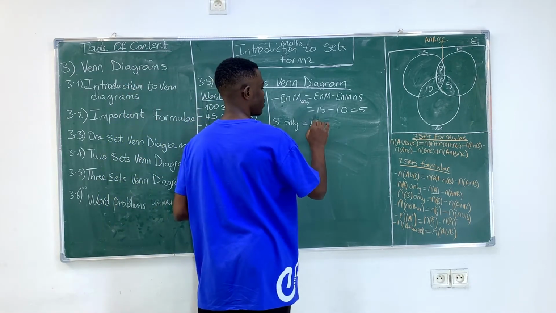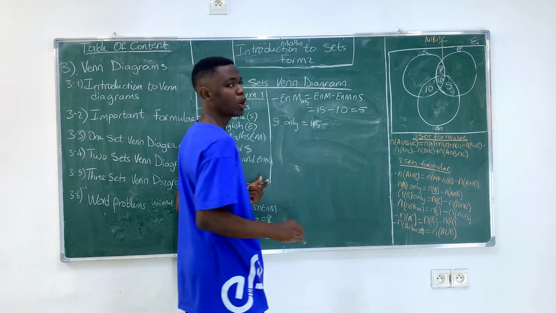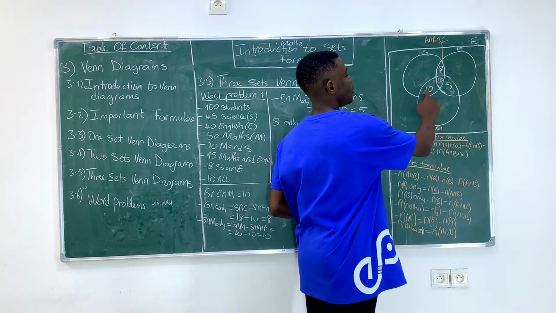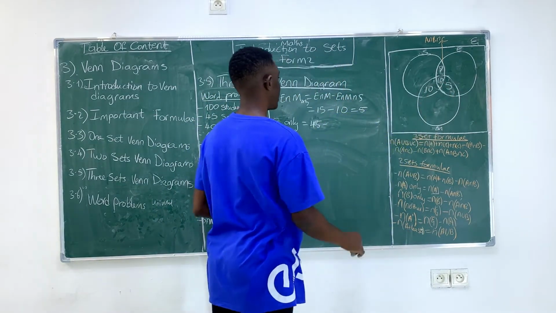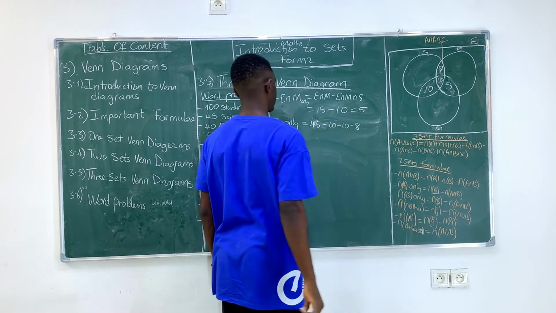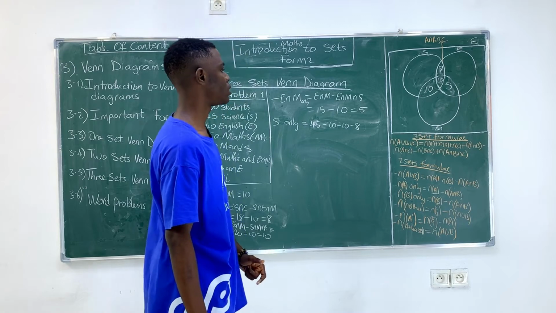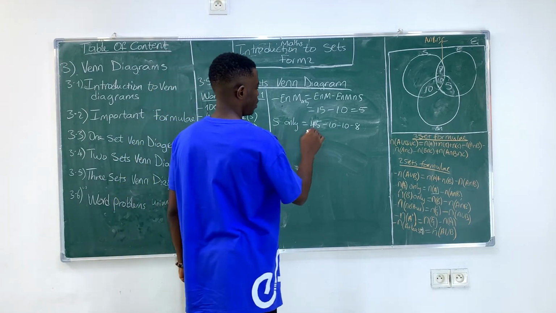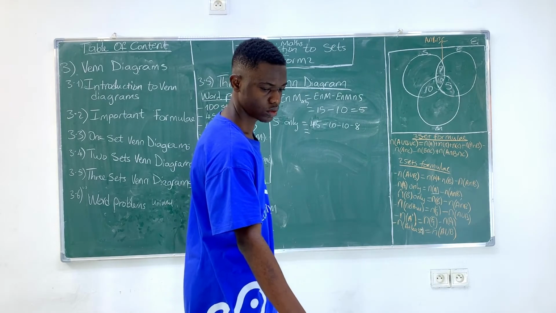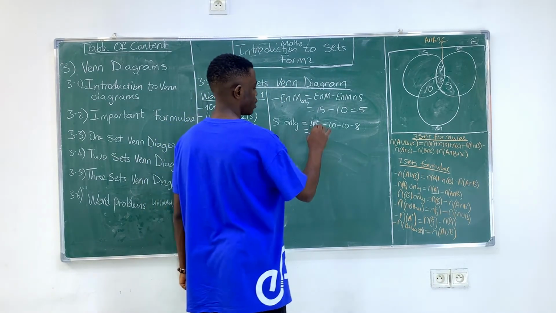Alright, it's 45 minus all of the intersections. So you write all this in S, then you remove all of these intersections. Minus 10, minus 10, minus 10. Then you are going to have S only. So what is that equal to? 17.